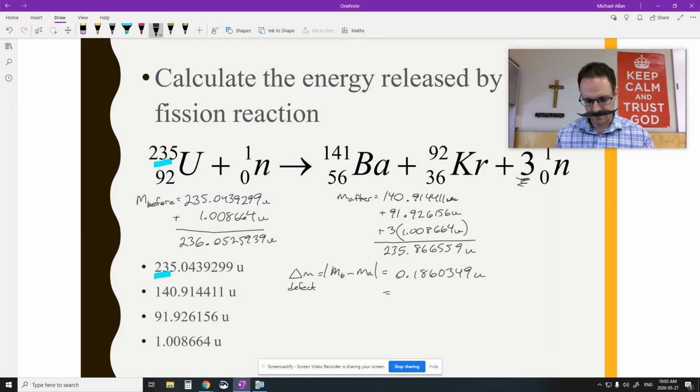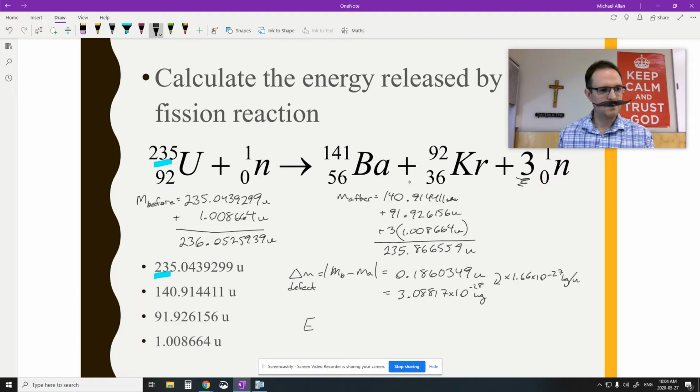Okay, so I'm going to quickly change that into kilograms by multiplying it by the atomic mass unit number. Remember that was that 1.66 number. Times 1.66 times 10 to the negative 27 kilograms per atomic mass unit. So that's just found on your constant sheet. Cool.